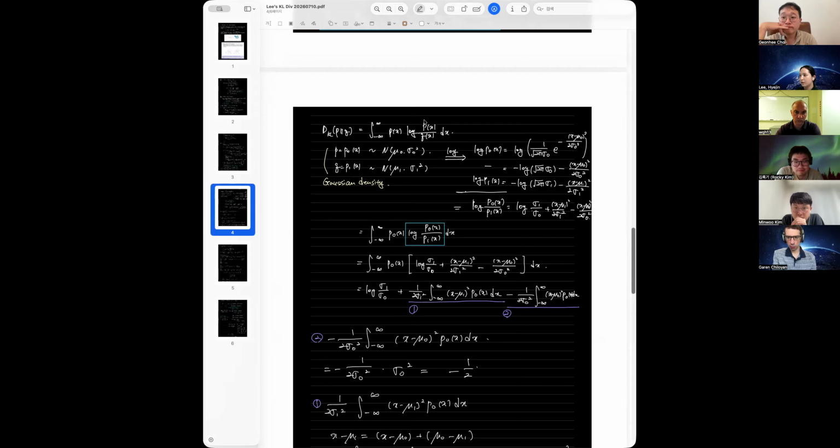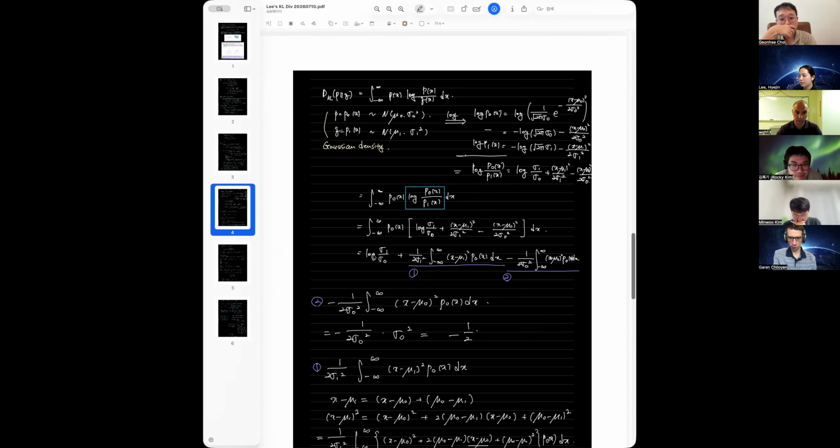We already know the log likelihood ratio p(x) over q(x), so I computed the log ratio like this, input it into these terms, and I have to compute these terms.